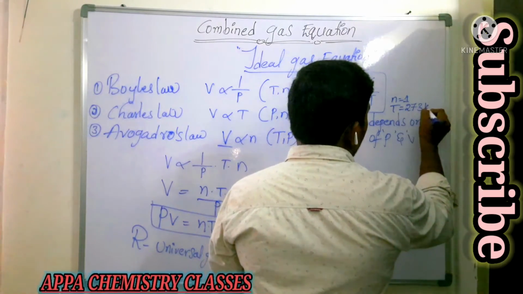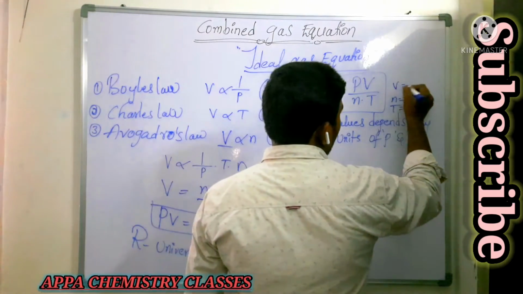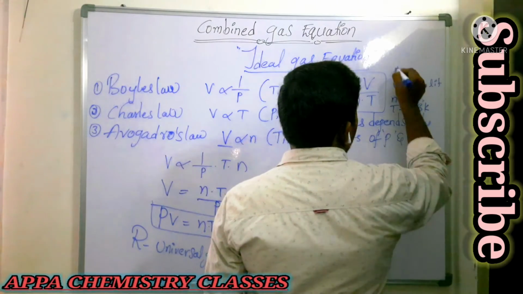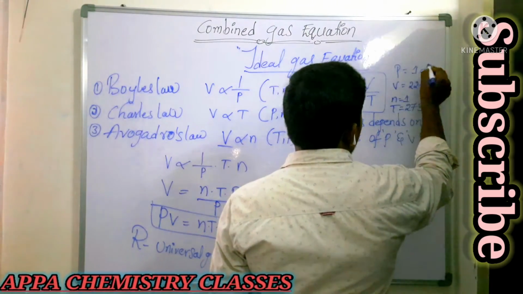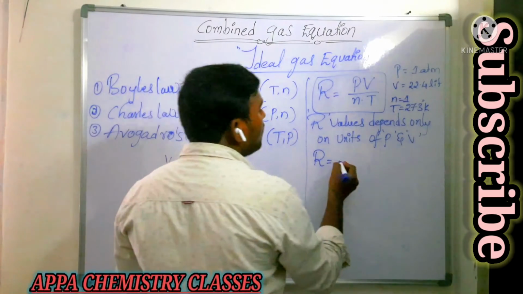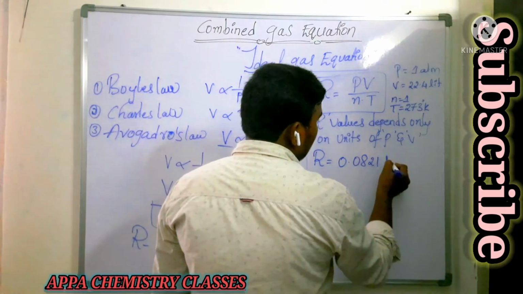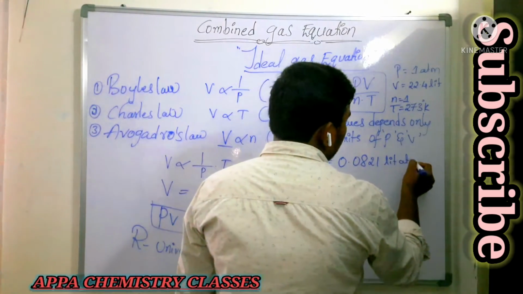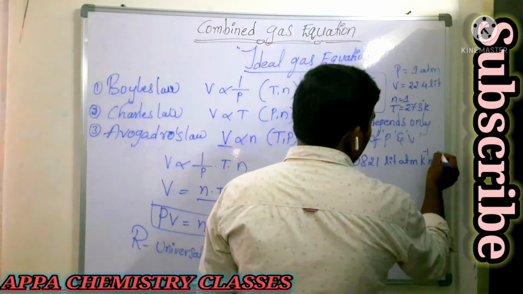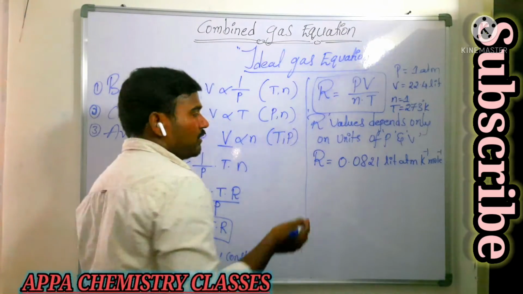That is the STP condition, so we take 273 Kelvin, volume will be 22.4 liters, and pressure will be 1 atmosphere. If you substitute all those values and solve, you will get the R value as 0.0821 liter atmosphere per Kelvin per mole, because Kelvin and mole will be in the denominator.